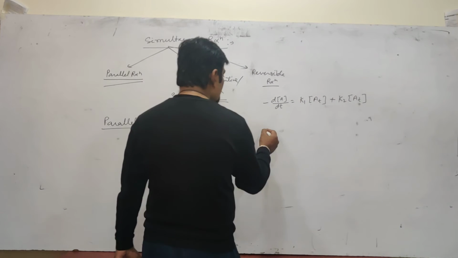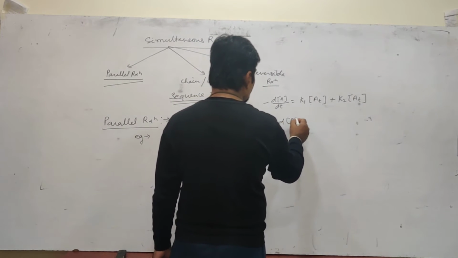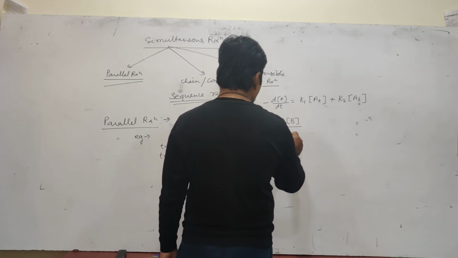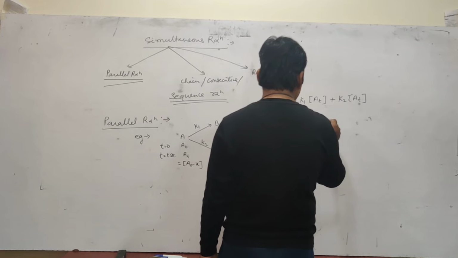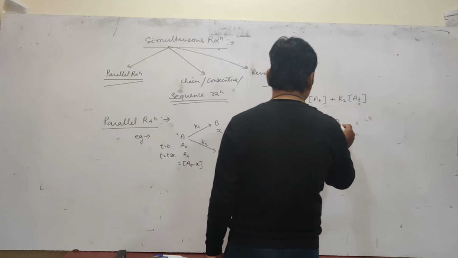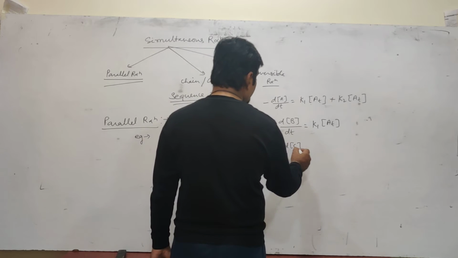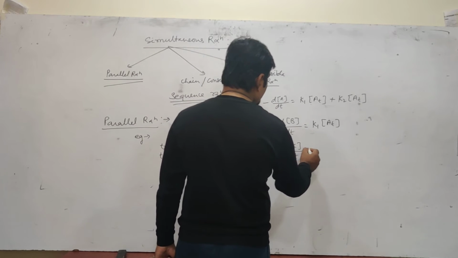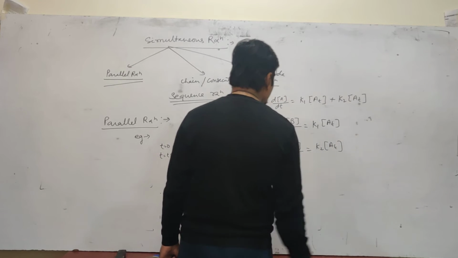Again, the rate for the formation of B is written as plus d[B] by dt equals K1 into the concentration of A after time t. Similarly, for the formation of C, it is written as d[C] by dt equals K2 into the concentration of A after time t.